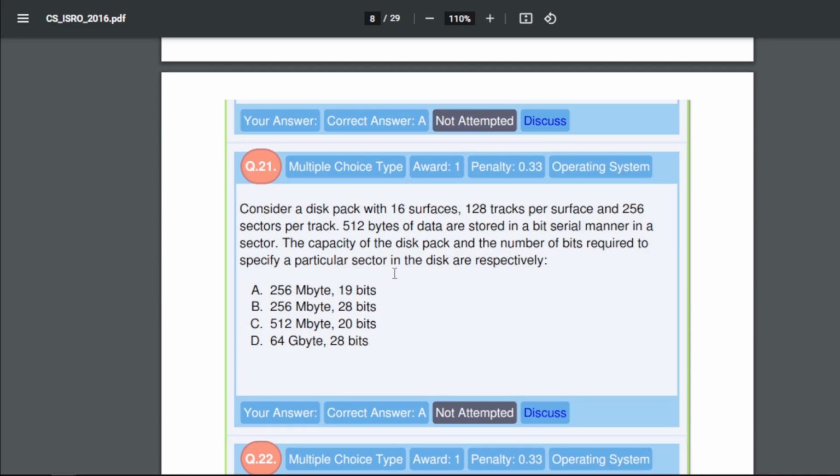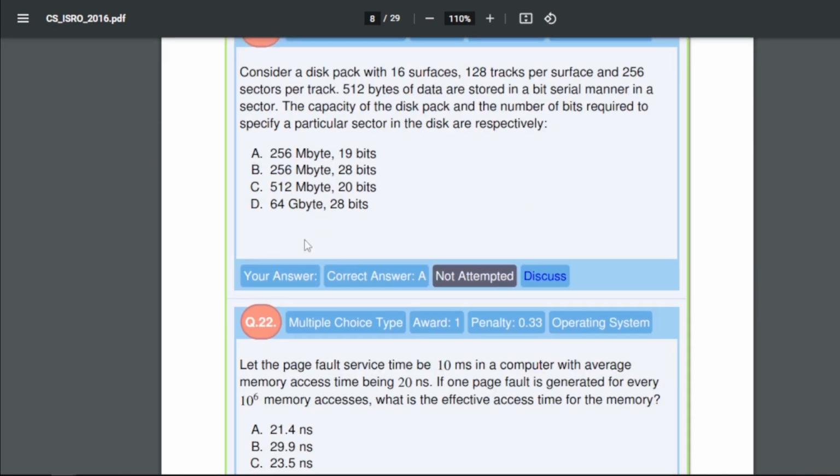Now question number 21 is: consider a disk space with 6 surfaces, 128 tracks per surface and 256 sectors per track. 512 bytes of data are stored in a bit serial manner in a sector, right? The capacity of the disk pack and the number of bits required to specify a particular sector in the disk are respectively what?